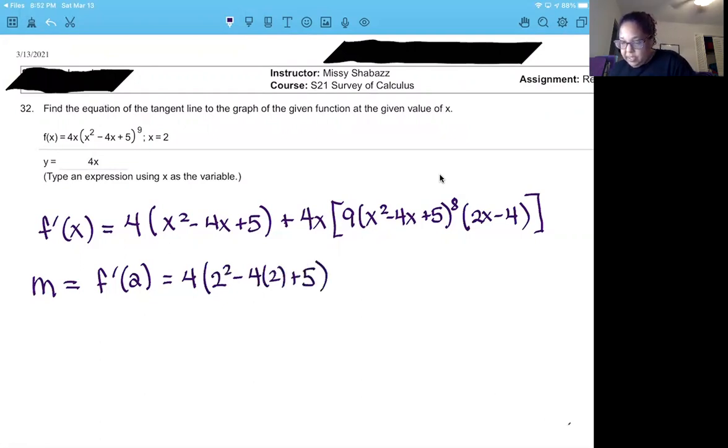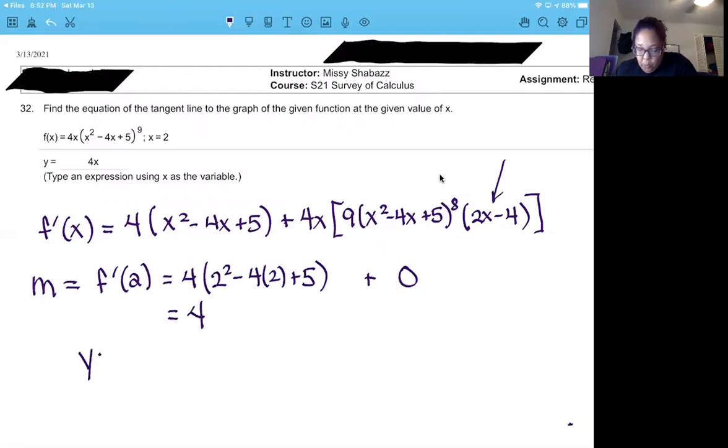And notice that if I plug in a 2 here, I get a 4 minus 4, which gives me 0. So this whole next term is just equal to 0. All right, and I have a 4 minus 8, which is a negative 4 plus 5. So I get a 4 times 1, which is 4. So my slope is 4.